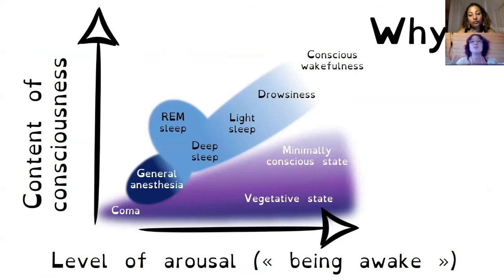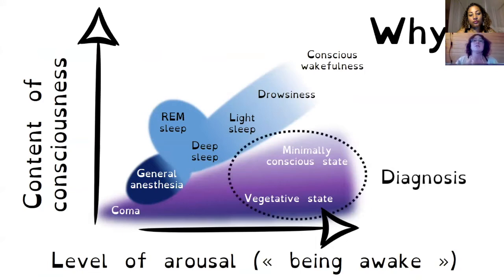So now that we know what a vegetative state and a minimally conscious state are, the question is, why do research on disorders of consciousness? There's a clinical point of view, which is trying to refine the diagnosis between those two states.